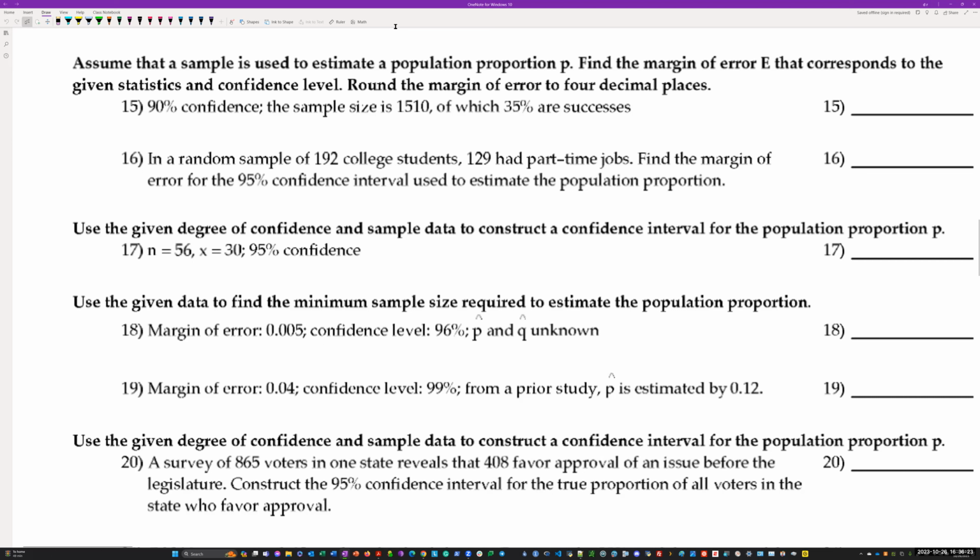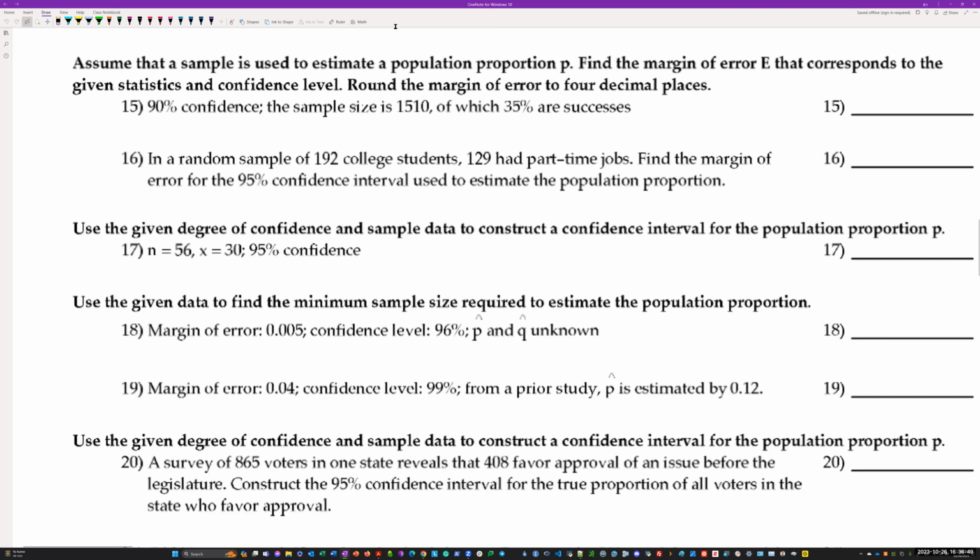0.066. Not yet. Maybe I wrote the wrong thing here. What'd you say? 664?